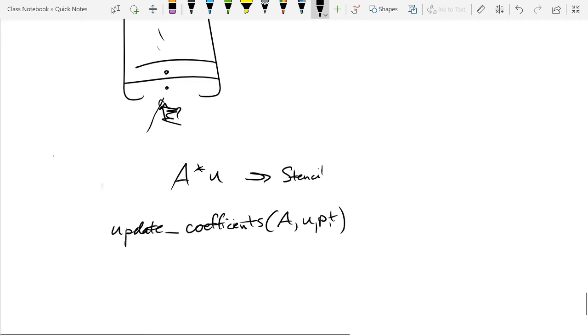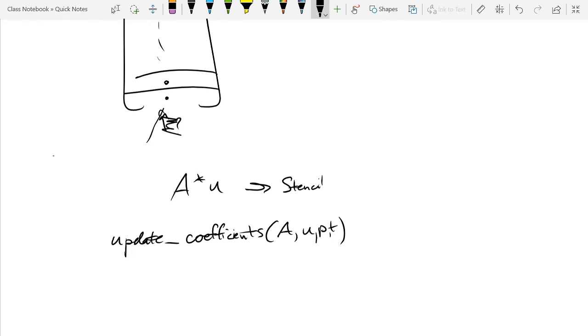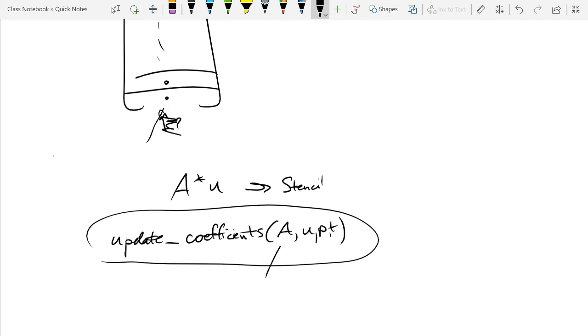And what this should do is make the operator current to this time point. So if you have a Neumann boundary condition that is dependent on time, then this should update the coefficients in the stencil such that A knows what time it is, so that the next application of A times U will use the right boundary condition.